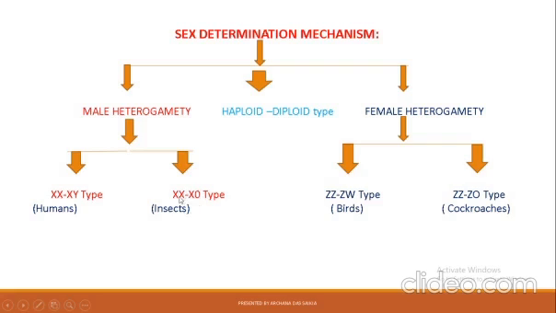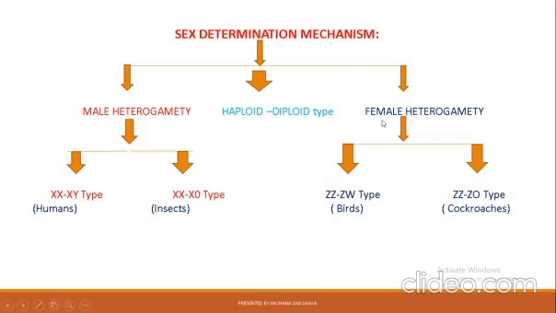Then the female heterogamety, just the opposite of male heterogamety. In female heterogamety, the females are responsible for determining the sex of the future offspring during the process of reproduction.